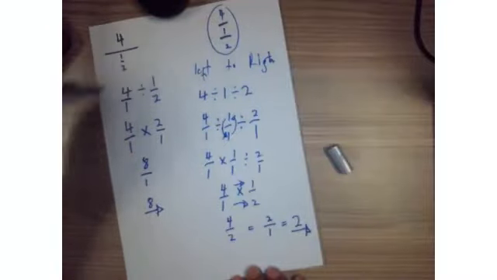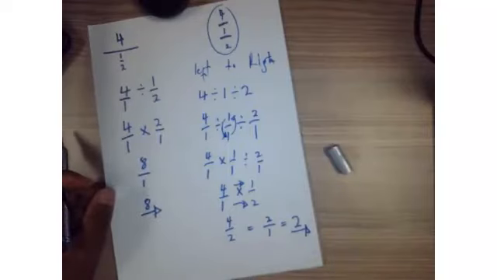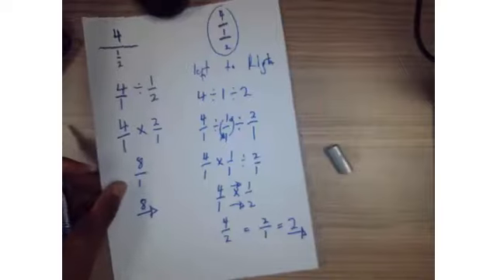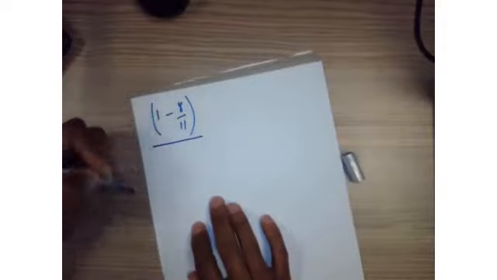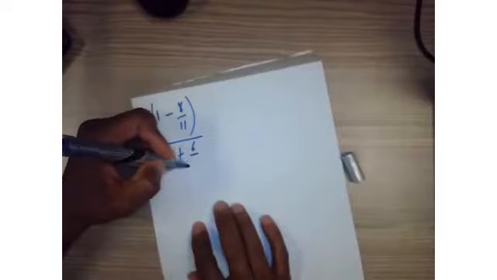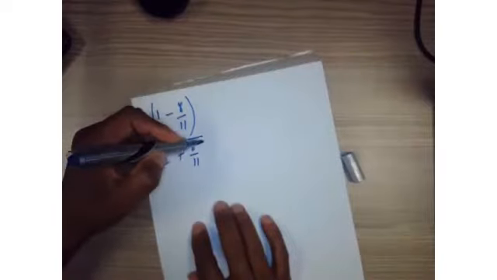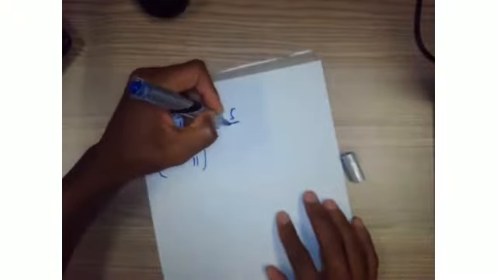Look at the long division line, right? Now we're going to do a longer and more challenging expression, but it's the same principle and the same rules. So you have 1 over, all divided by 2 plus 6/11, right?